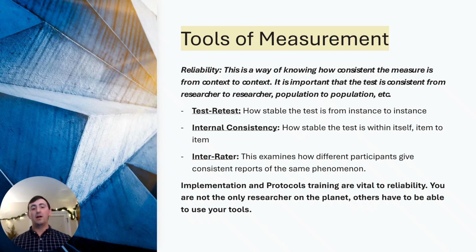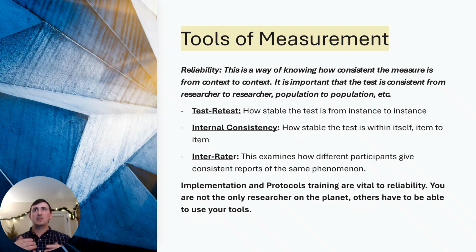And then the next element of reliability is internal consistency. How stable is the test within itself, item to item, right? I'm not going to ask one question, how anxious are you? I'm going to ask that kind of question 5 or 6 times because I want to not only get that one question well represented, but I'm also trying to make sure that the participant gets to answer the question in a well-rounded way.